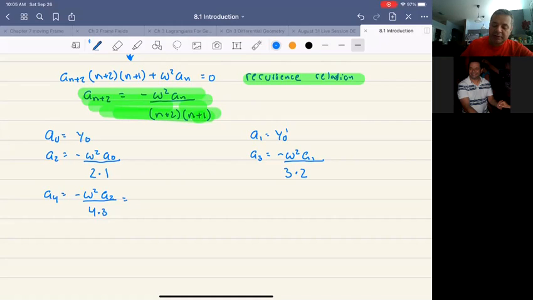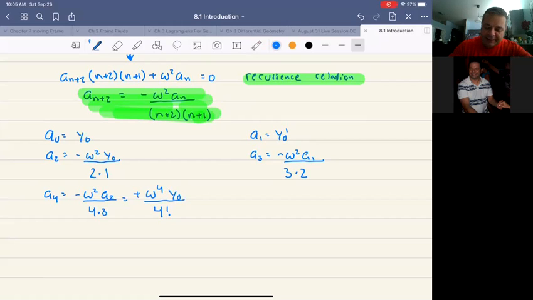Which is now, these negatives cancel, so it's going to be positive omega to the 4th. Oh, a sub 0 was y0, sorry about that. A sub 4 has a y0 divided by, let me just write that as 4 factorial.